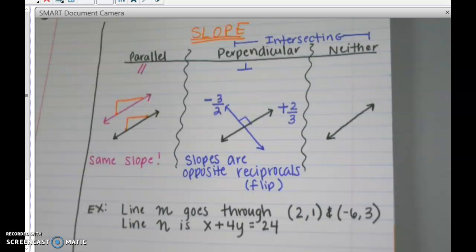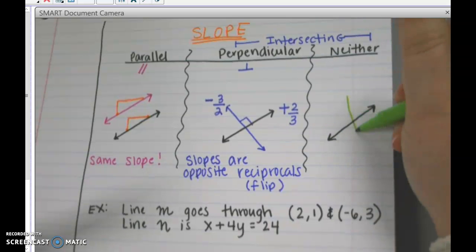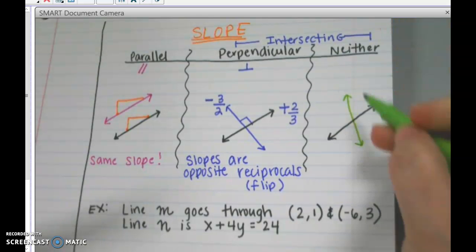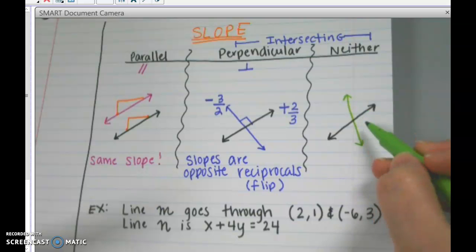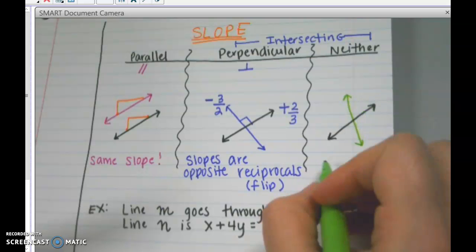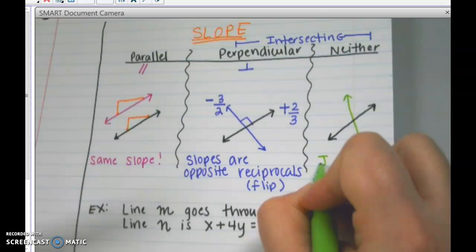All right, and then neither is when your slopes are just different, but there's no 90-degree angle there. They just intersect, so just different.